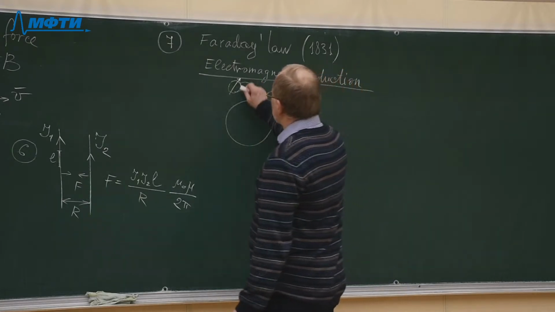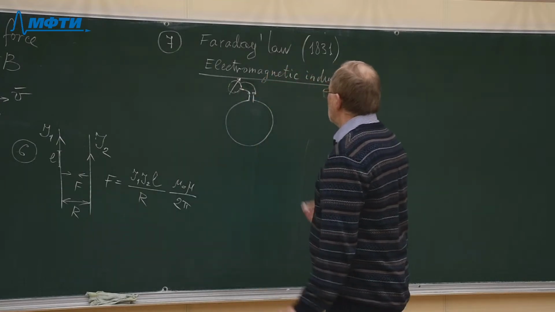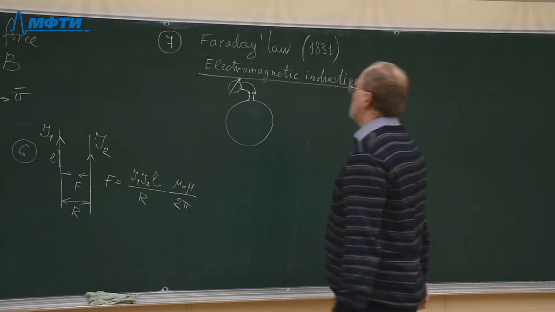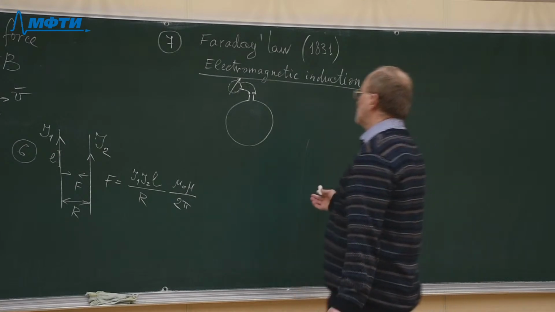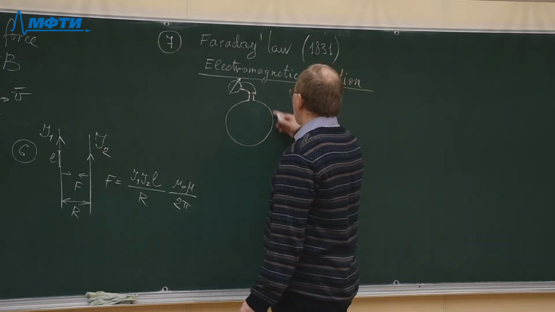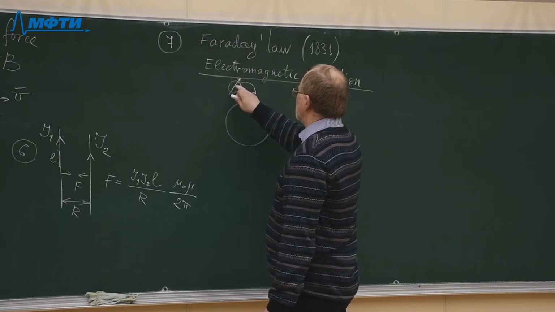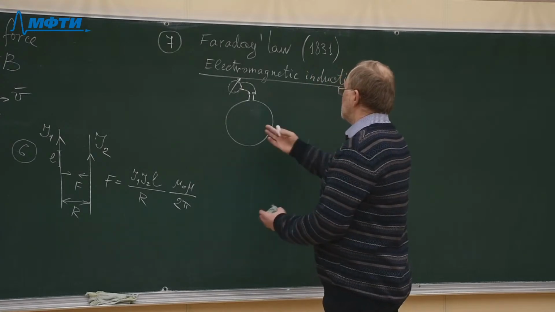So if we attach the galvanometer here, then nothing happens. No current is in the loop because there is no source of electric voltage and no source of currents. Just a conducting wire with a galvanometer, and the readings of this device will be 0.